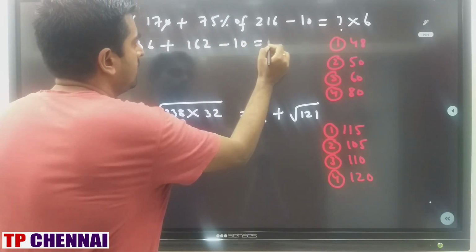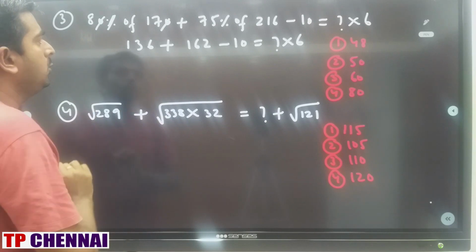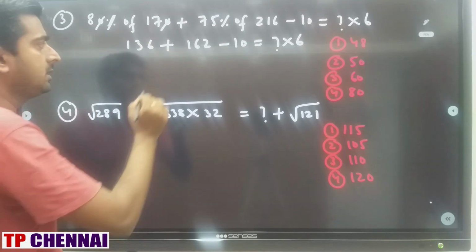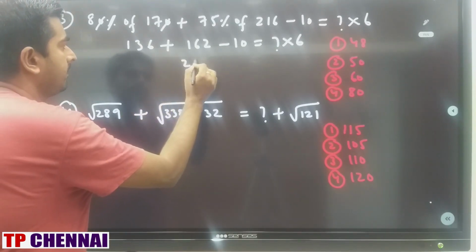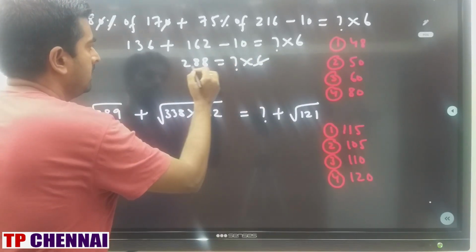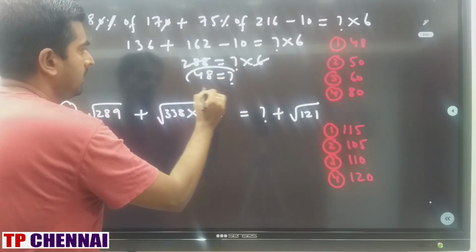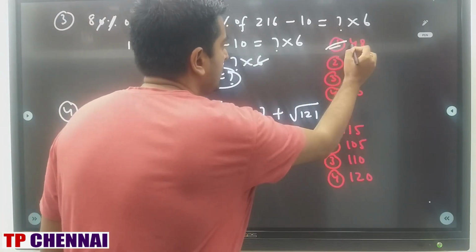Minus 10 is equal to question mark into 6. 152 plus 136, how much? 288 is equal to question mark into 6. 6 4s are 24, 6 8s are 48. So my answer is 48, which is first option.